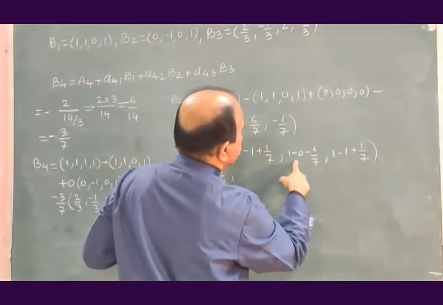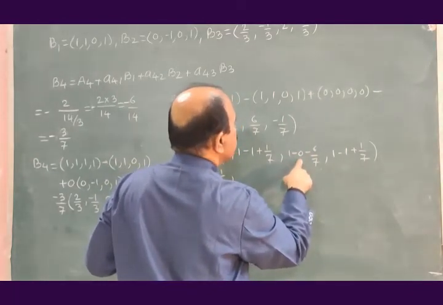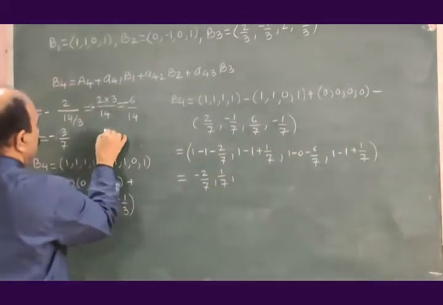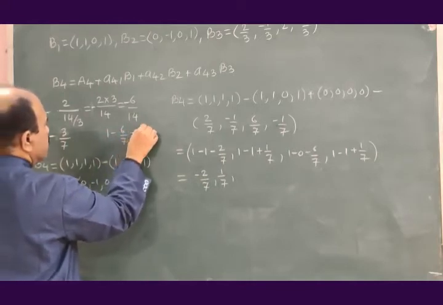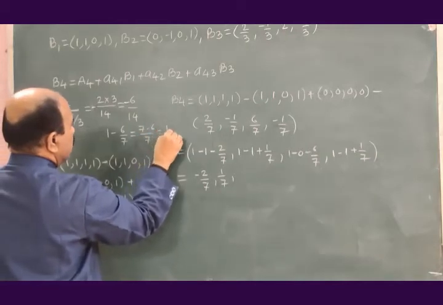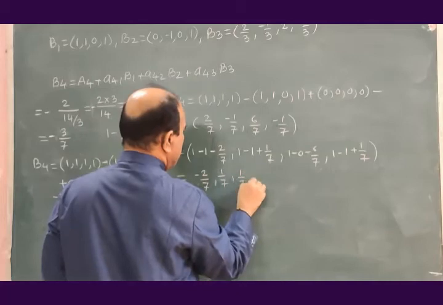And now this is 1 minus 0 is 1, 1 minus 6 by 7, 1 minus 6 by 7 is equal to 7 minus 6 divided by 7, that is 1 by 7. So it also comes 1 by 7.